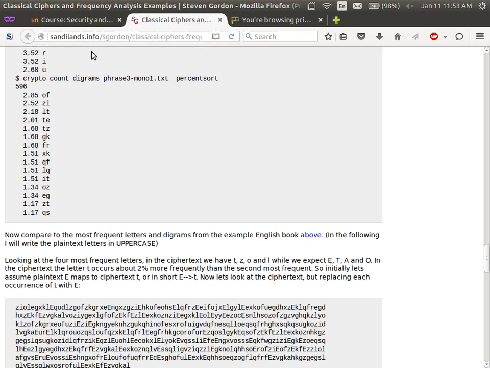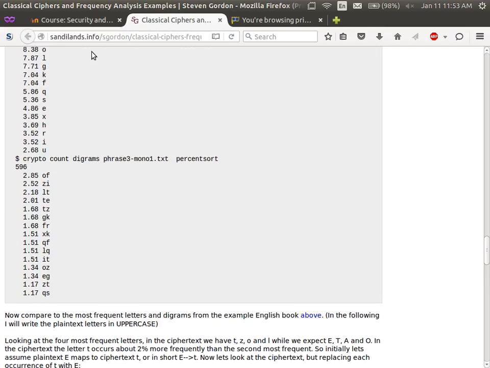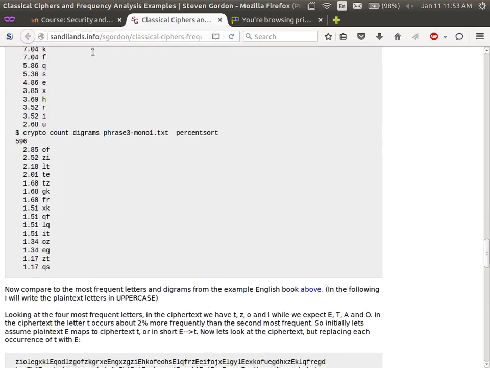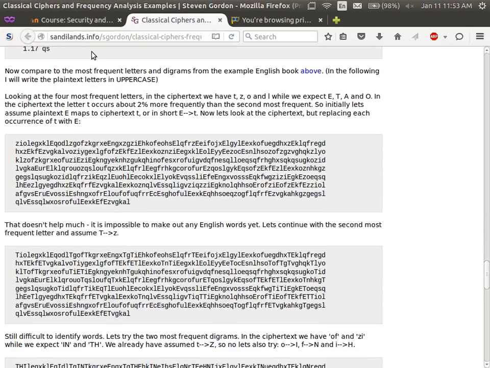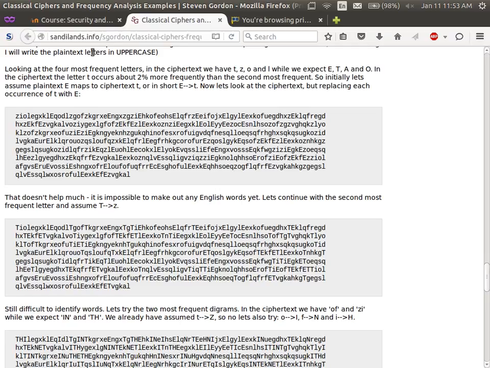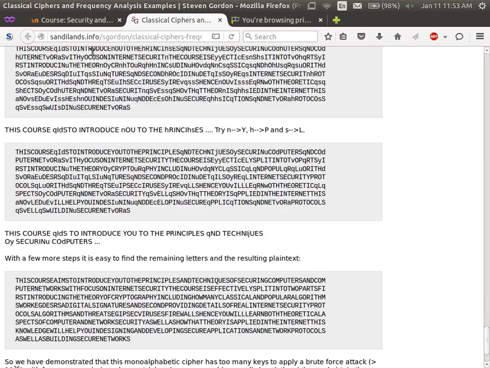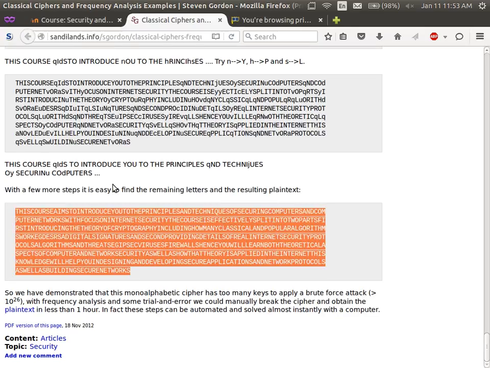I go through an example which is too hard to go through in class that starts with our ciphertext, and with a few guesses you can start trying some letters and replacing them, and if it doesn't work you can go back and try a different letter, and after a few attempts it eventually gets to the correct plaintext.